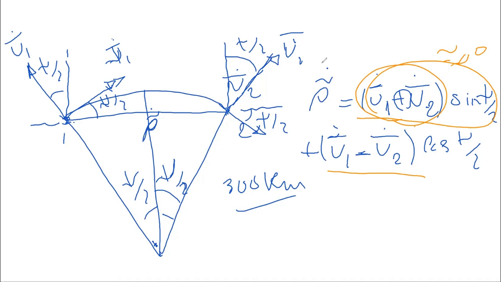And if psi is 0, this term will be 1. Therefore, I can write that the range rate between the two low Earth orbiters will be minus the along-track velocity difference.